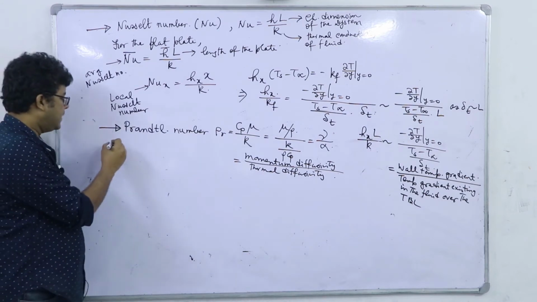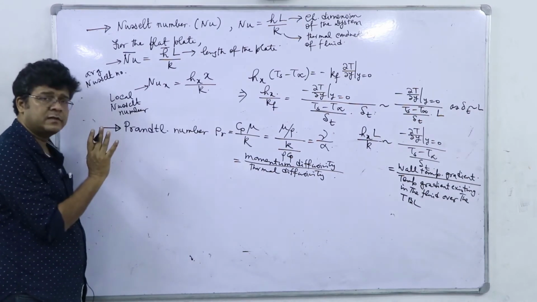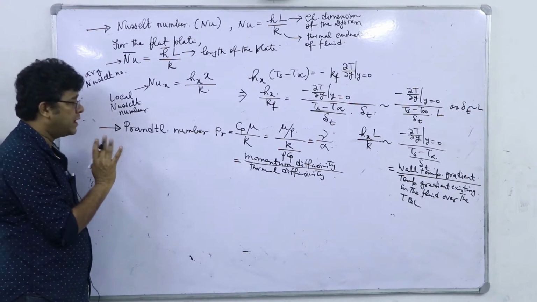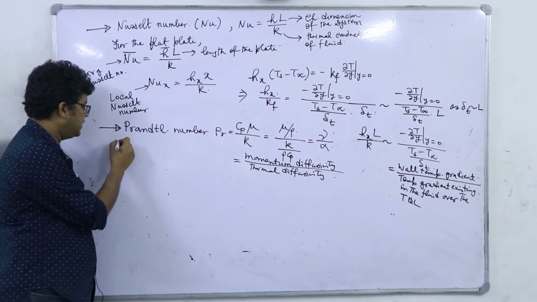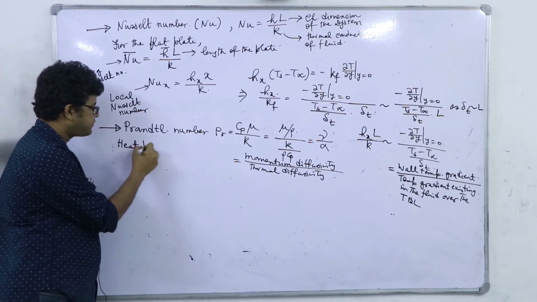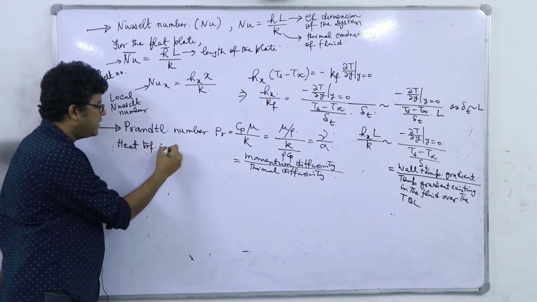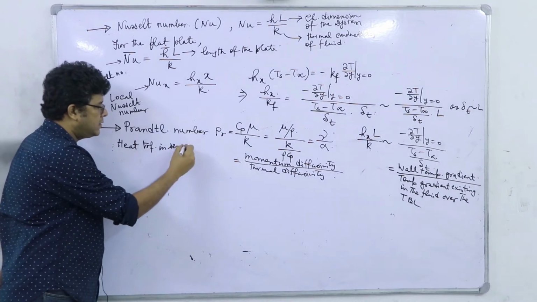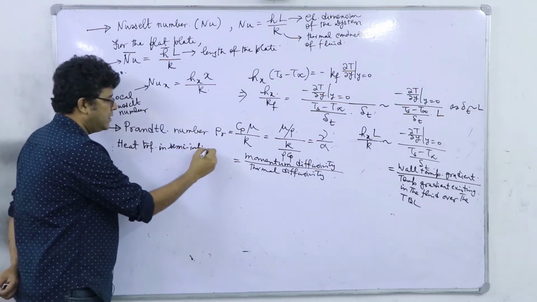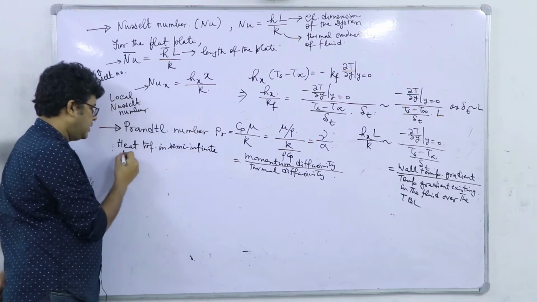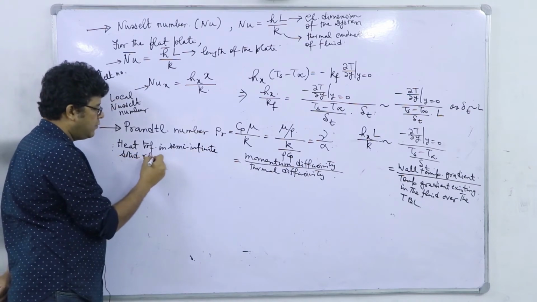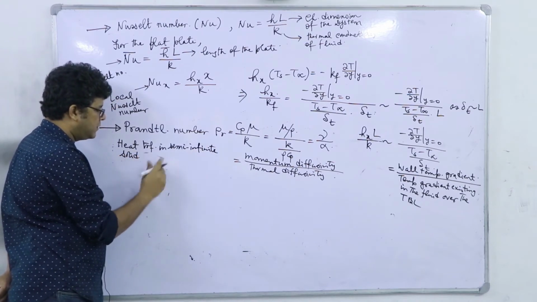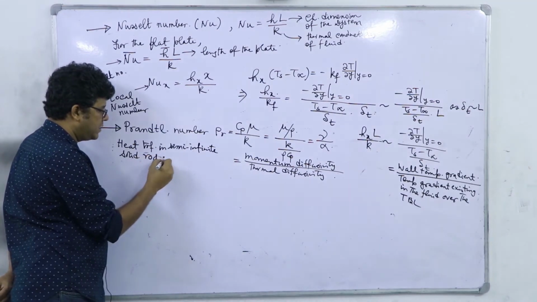So, what is the significance of it? You see, in the chapter of conduction, where we have studied heat transfer in semi-infinite solid rod, where we have used the similarity solution technique, right.